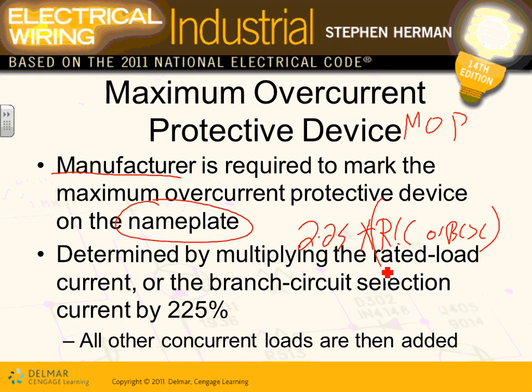If you are to do the calculation, that's how you do it. The manufacturer guys do it for you. So they tell you the maximum overcurrent device is a 125 amp fuse. When they say 125 amp fuse, no need for you to do anything. Just go find yourself a 125 amp fuse.